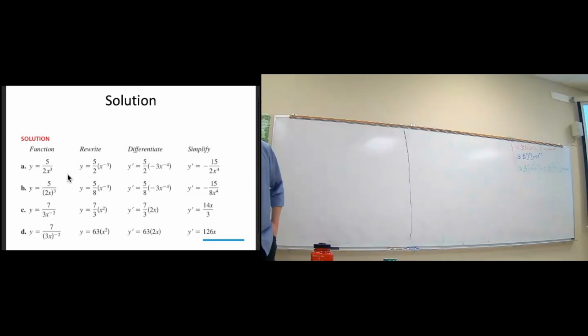So fractions, rewrite in terms of negative powers, right? Radicals, rewrite in terms of fractional powers. Then differentiate. Go through and apply each of your rules as you can. Then simplify your result.